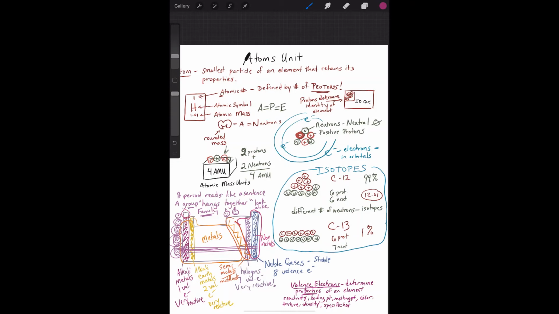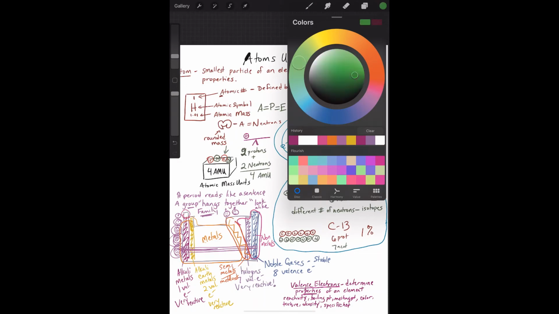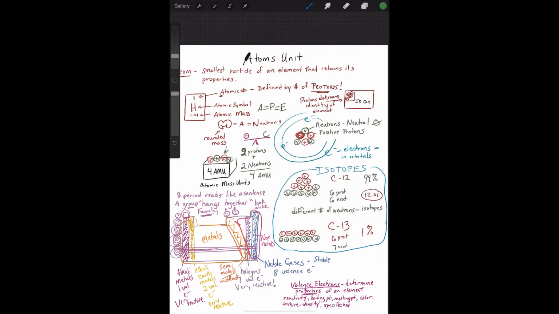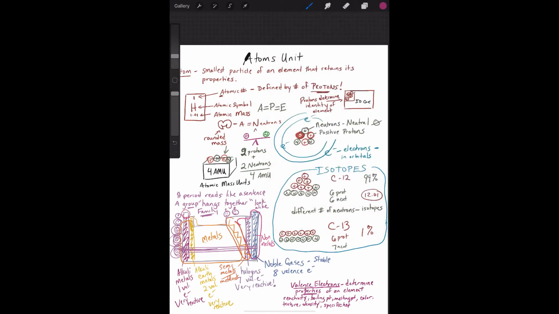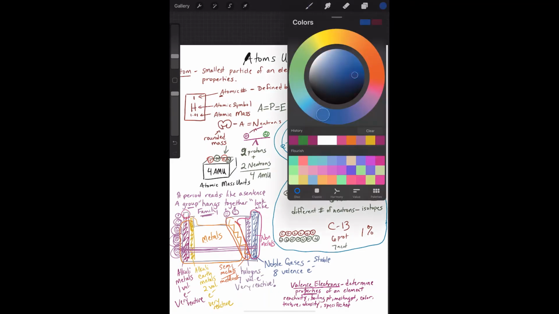Okay, and I'm going to add in, I was just thinking about protons and electrons up here. I also want to put up here, I'm going to draw a little thing with a proton and a neutron, that they are about the same size, like on a balance. But then if I have a proton and an electron, then they are very different in size.